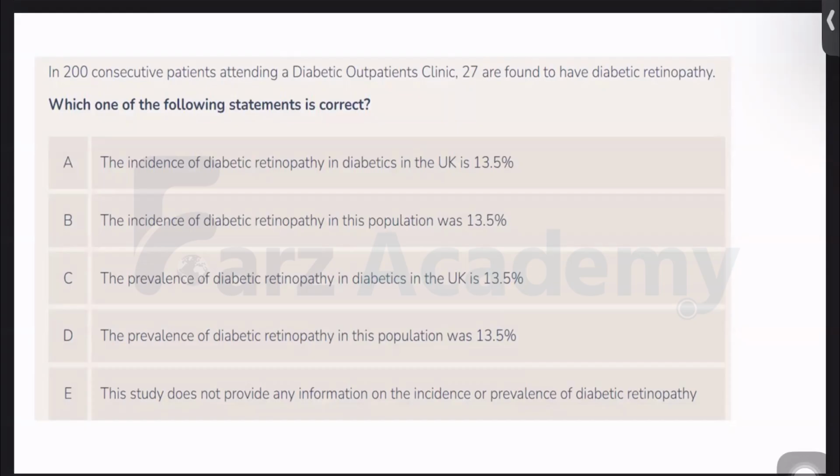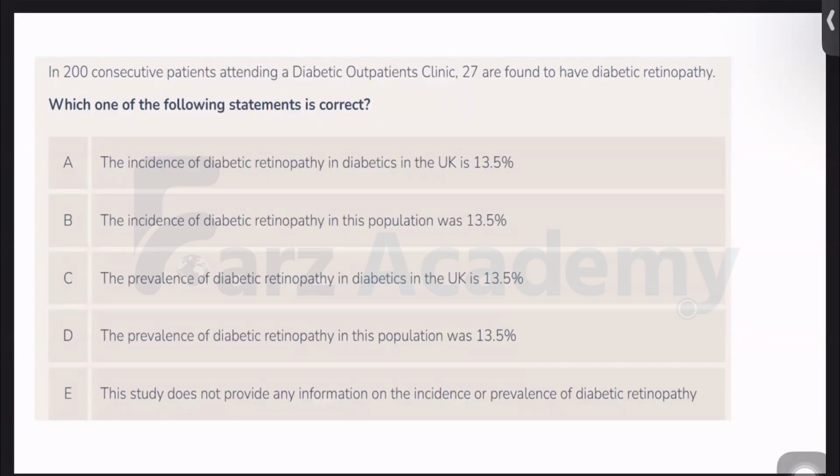So at a particular point of time, out of 200 patients, 27 are diabetic retinopathy cases. So 27 upon 200. That will be almost 27 by 2, so 13.5%.